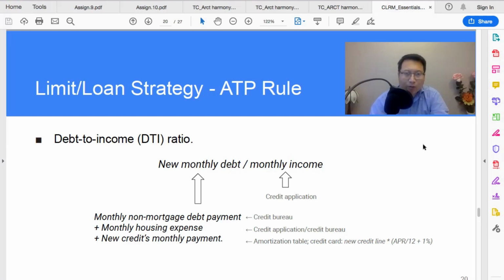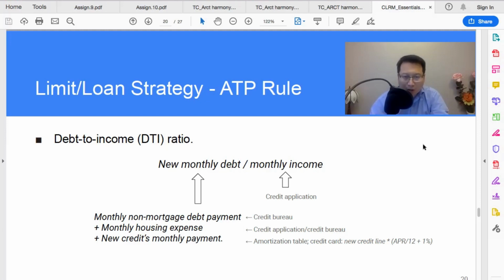The consumer could be a renter or an owner of a home. If it's a renter, there's a monthly rent, right? If a homeowner, unless the mortgage is paid off, there's still a monthly mortgage payment. So on the credit application, the consumer is asked to put down the monthly housing expense as well as the housing status, renter or homeowner.